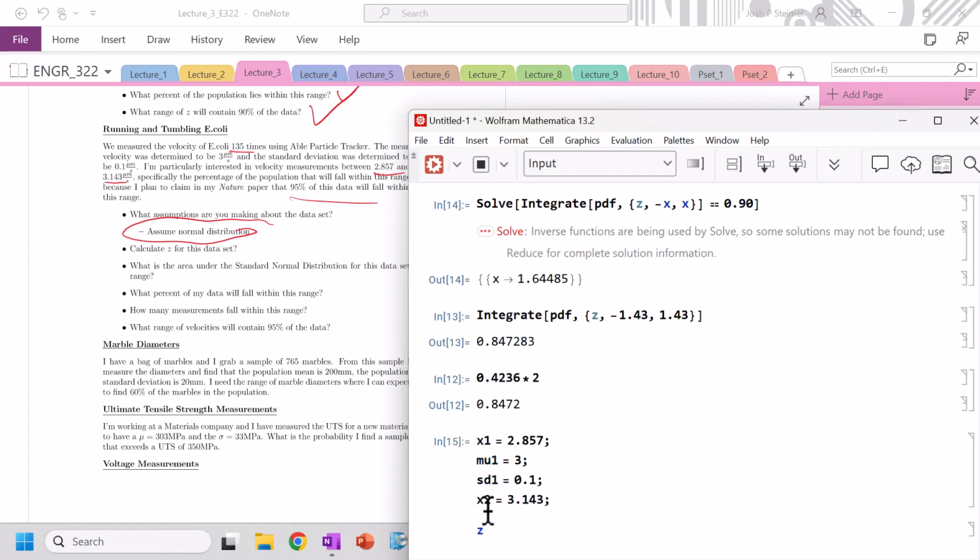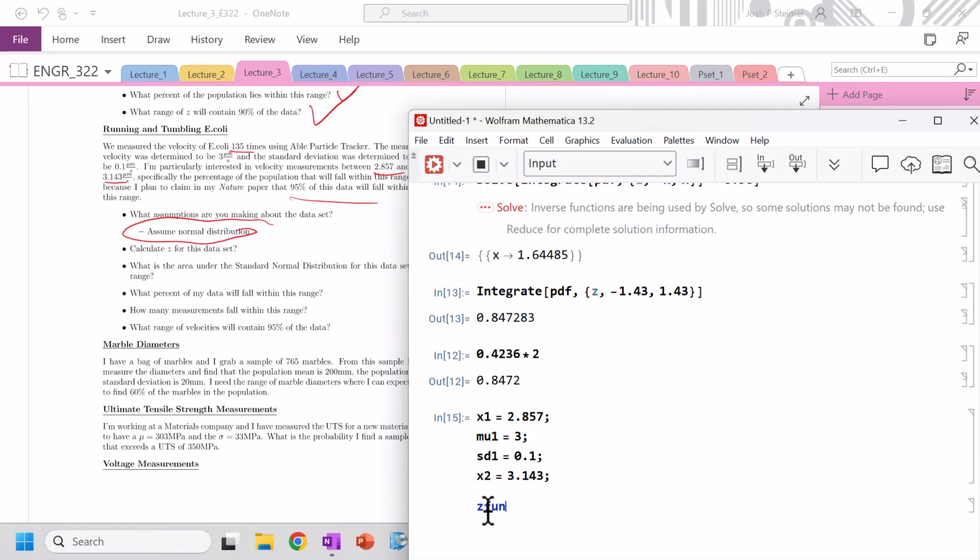So my Z function, I'm going to create a function. I'm going to plug in an X given a mu, given a standard deviation, and set this equal to X minus mu, all of this divided by SD, standard deviation. Excellent.